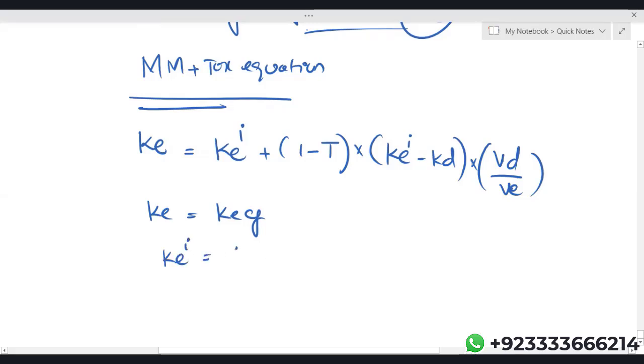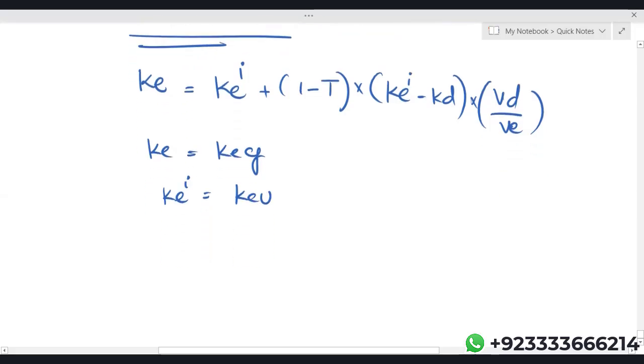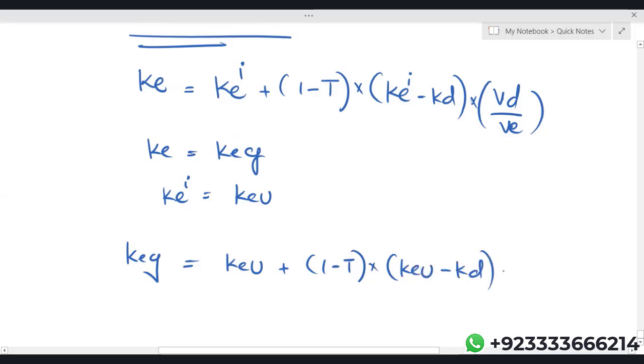KEI should be replaced with KU, the cost of equity of the ungeared business. So simply, KEG is equal to KU plus (1 minus tax rate) into (KU minus KD) into VD upon V.